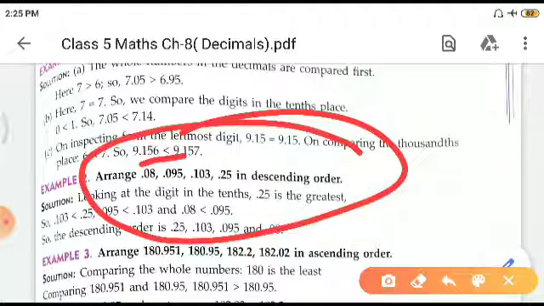Now in these two, 0.8, 8 comes before 9, so 8 is the smaller and 0.9 is larger than it. After 0 comes 1, so 0.1, and then after 1 is 2. So 0.25 being the largest one will be written first, then 0.013, then 0.095, and then 0.08, right?